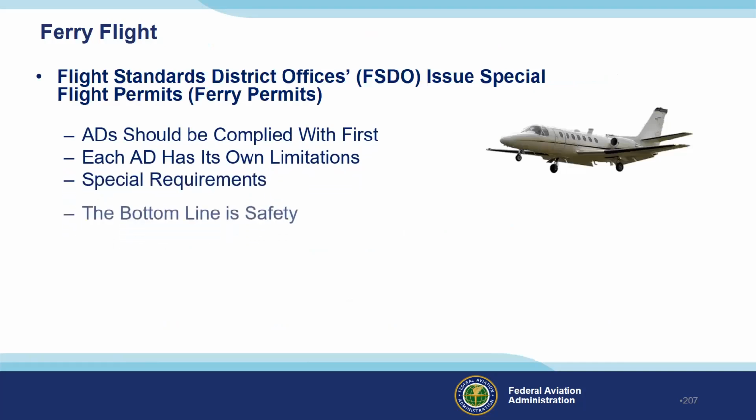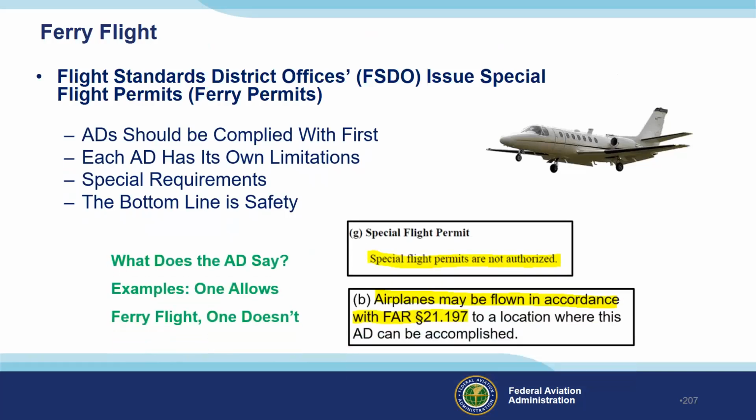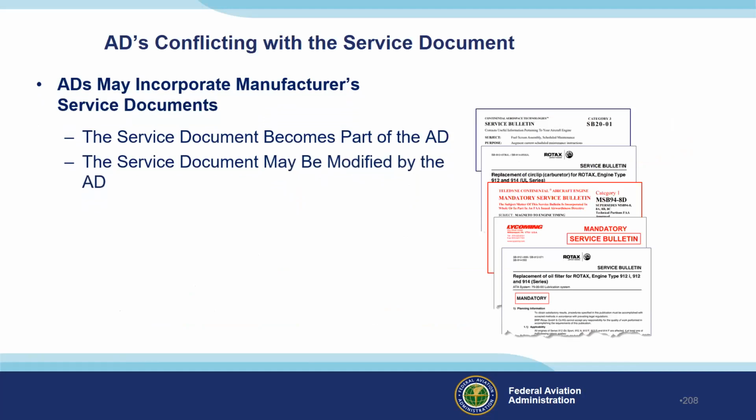Usually ADs have to be complied with before a ferry permit will be issued, but each AD has its own limitations. Here's an example. Here's an excerpt from two different ADs. One of them allows a special flight permit, a ferry permit, and one does not. Sometimes an AD incorporates a service document.